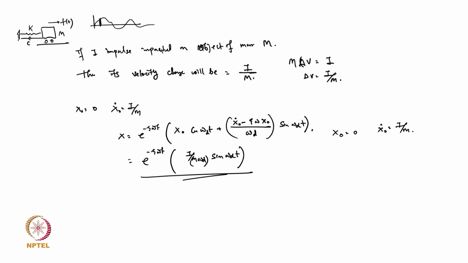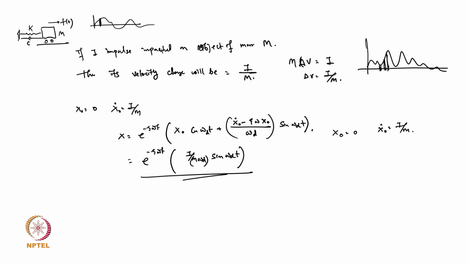Now if you think this is happening in a continuous manner, for example you have this type of loading, and here you have an impulse, then again an impulse, again an impulse.